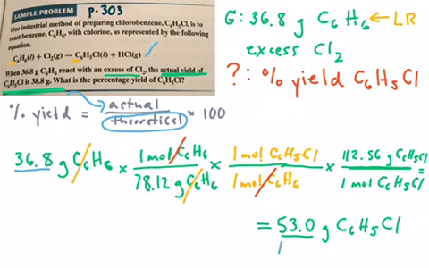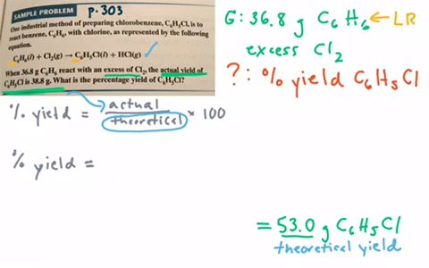What we've just calculated is the amount of product that we should theoretically get based on the amount of reactant that we started with. This is known as the theoretical yield. Now we can go back and plug into our formula for percent yield.